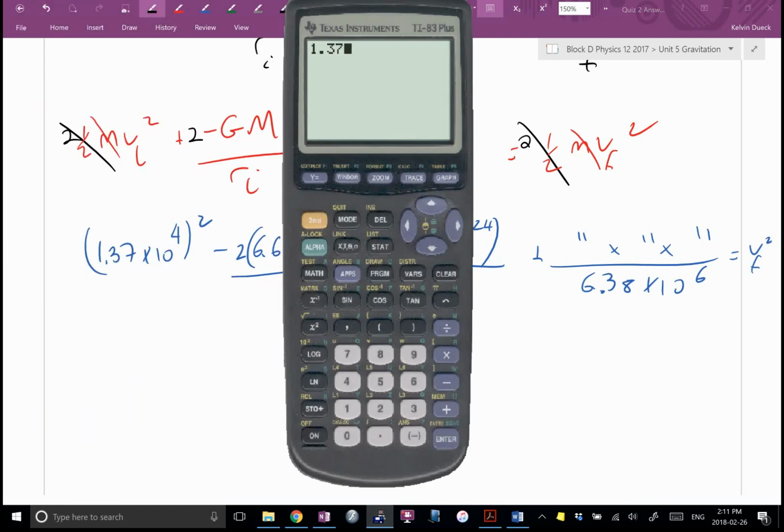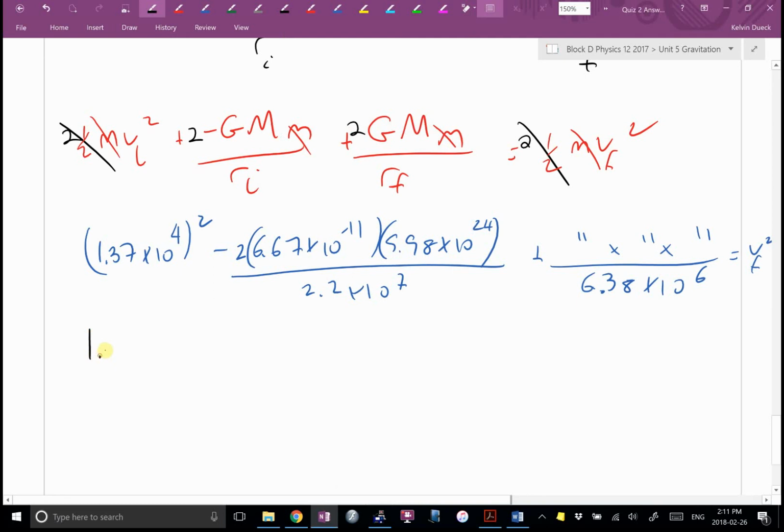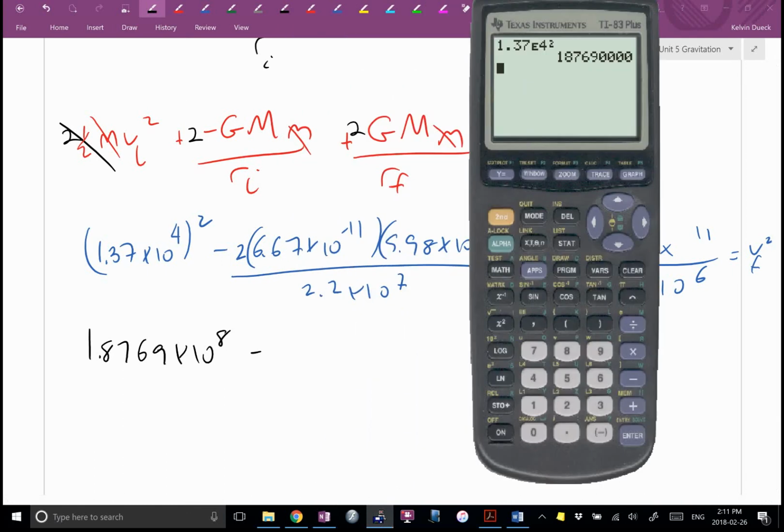Wow. 1.37 times 10 to the 4th squared is 1.8769 times 10 to the 8th, minus 2 times 6.67 times 10 to the negative 11th times 5.98 times 10 to the 24th divided by 2.2 times 10 to the 7th.